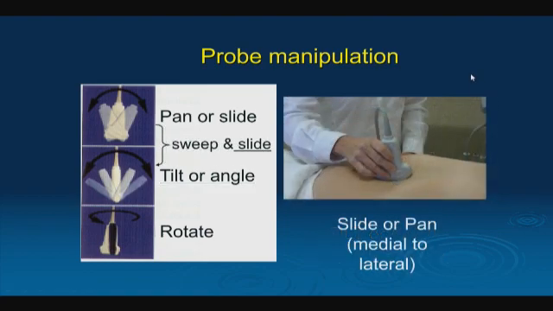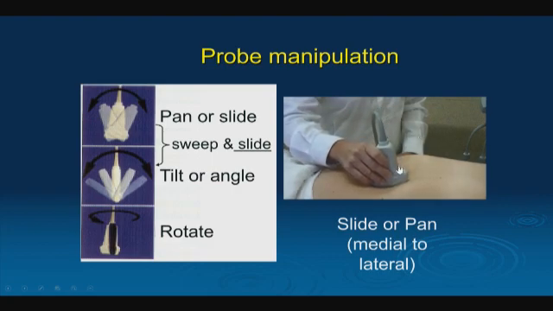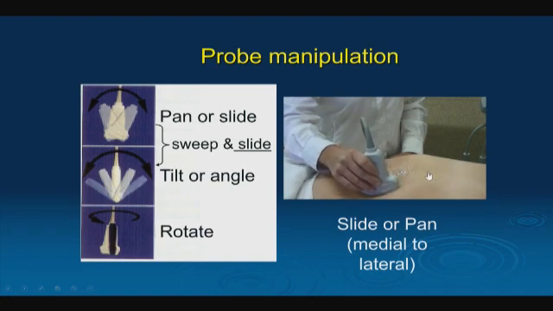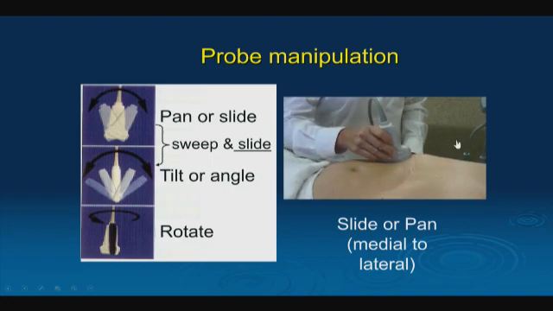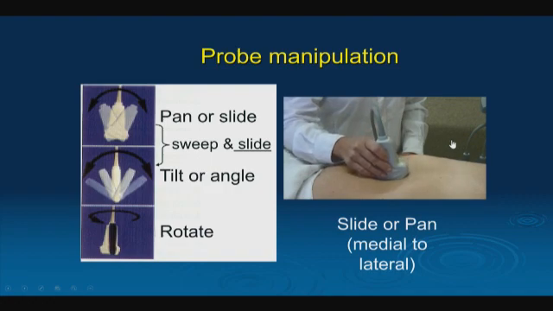Now, that might work on some people and it might not work on other people, depending upon their body habitus. So we have to have an alternative approach. So we can do the slide or pan method, where we keep the transducer perpendicular to the structure and we slide medial and lateral. Now, of course, I'm making big movements just to show you the way that the transducer should be moved, but depending upon the type of exam you're doing will determine how big of movements that you do.